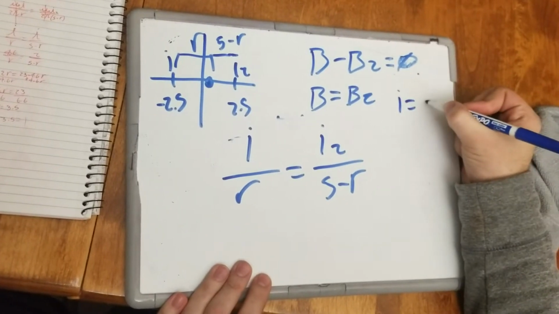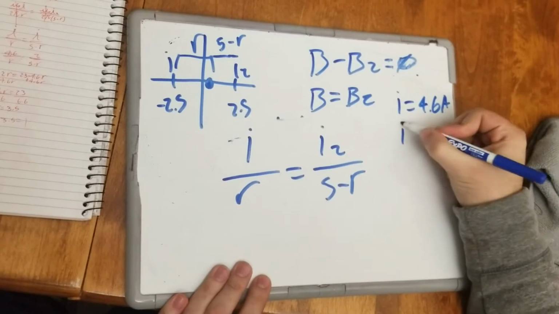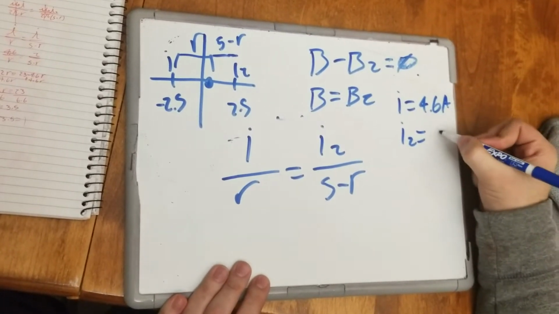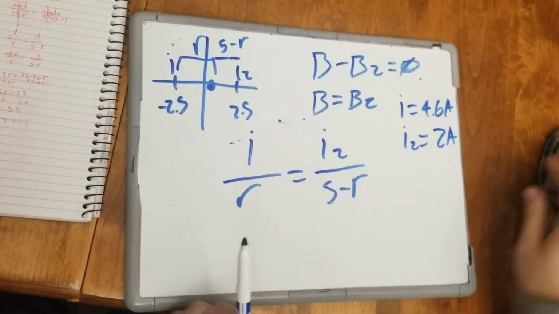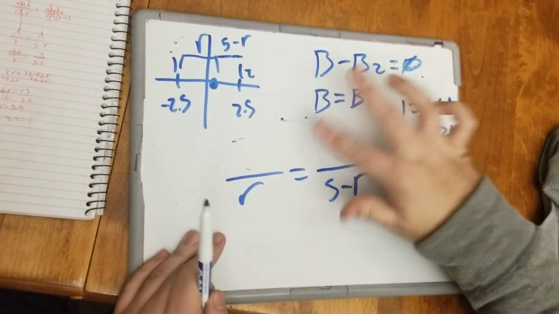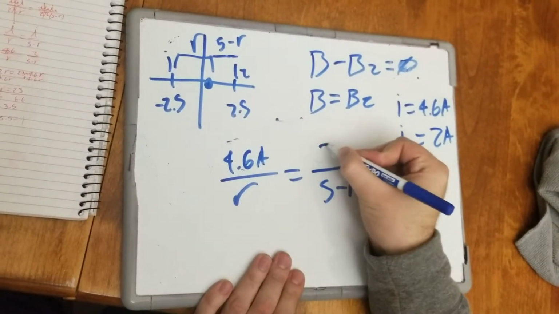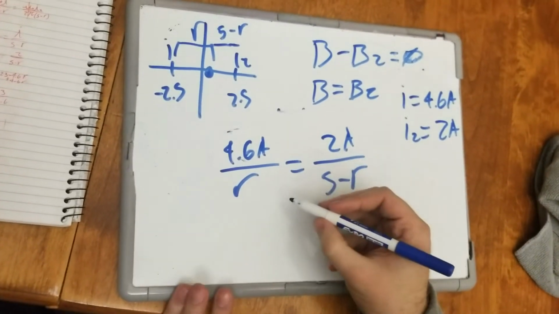I is going to be 4.6 A, and I2 is 2A. So we can write that in. Now let's do some cross multiplying.